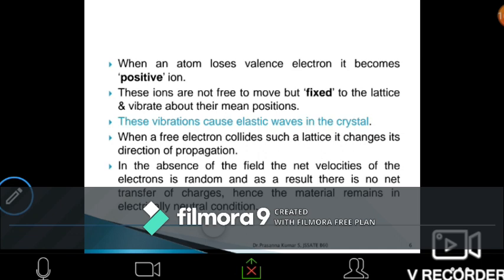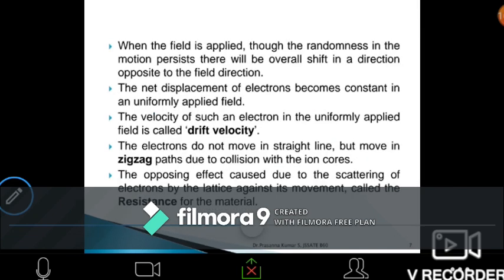Isn't it? Now, the field is applied. So far, what you understood is that in the absence of field, the net velocity of the electrons is zero. Since the velocity is zero, you cannot expect the electron to move. Therefore, the conductivity is zero. Now you apply a sufficient field.